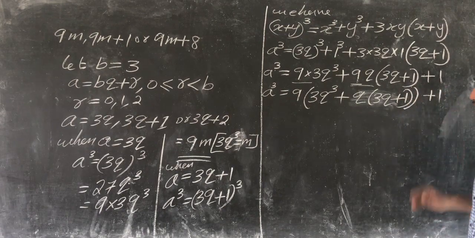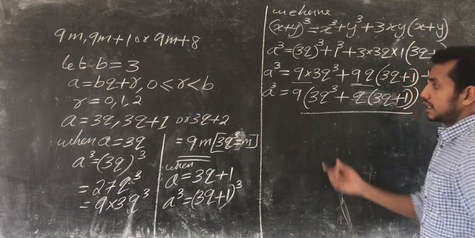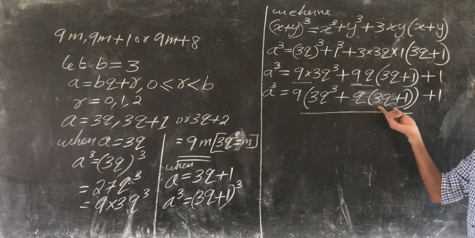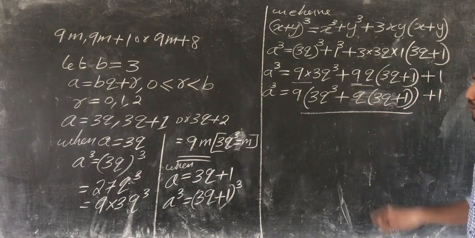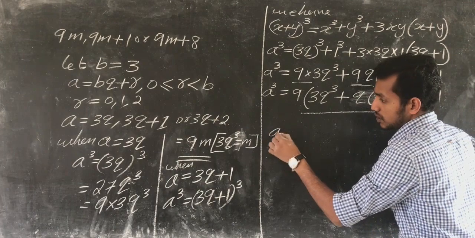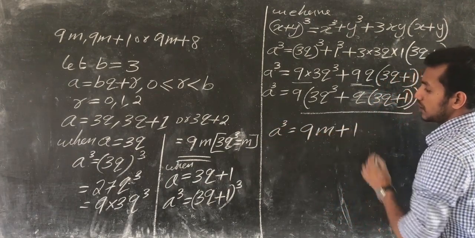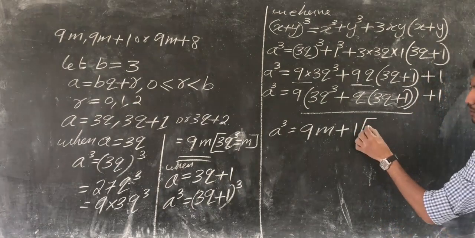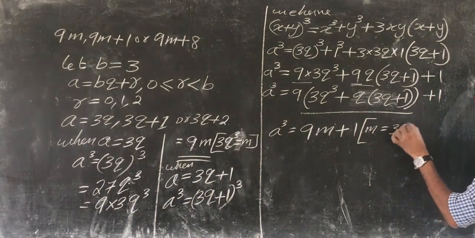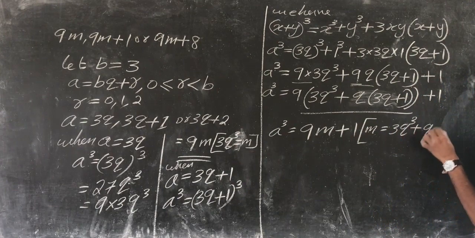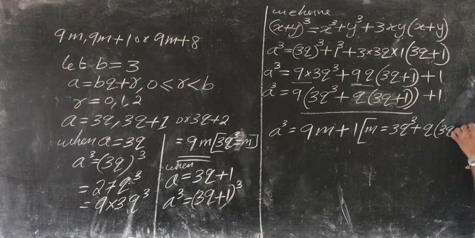Plus 1 is outside. Now taking 3q cube plus q into 3q plus 1 as m, we will get the expression as 9m plus 1, where m is equal to 3q cube plus q into 3q plus 1.